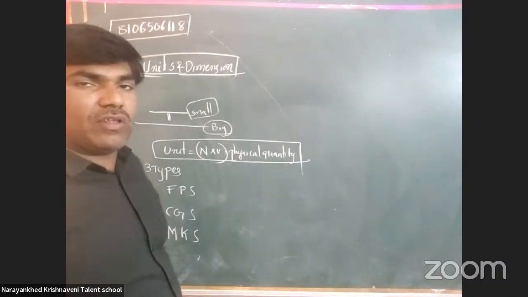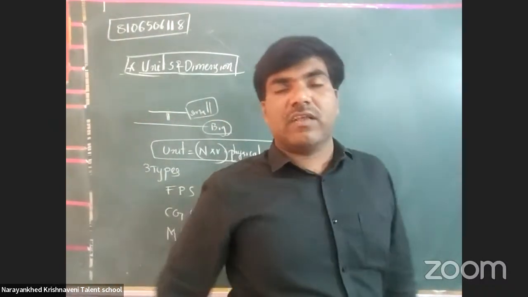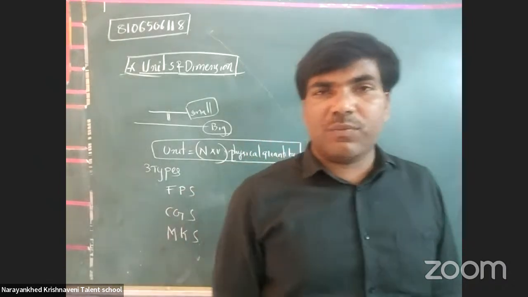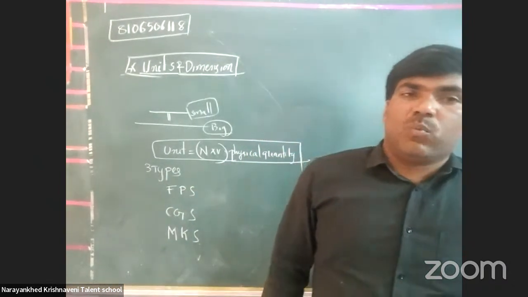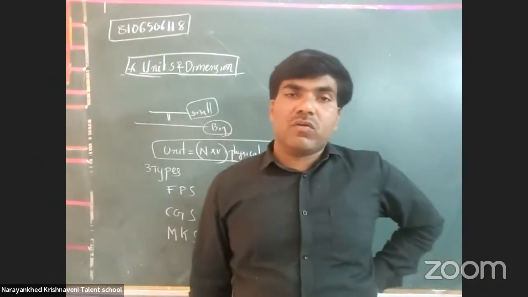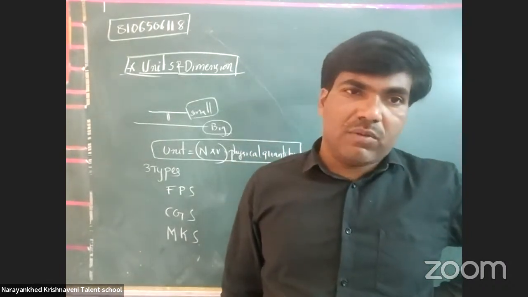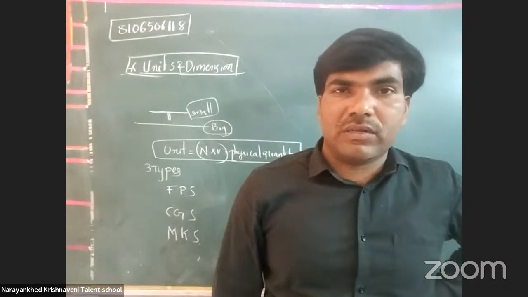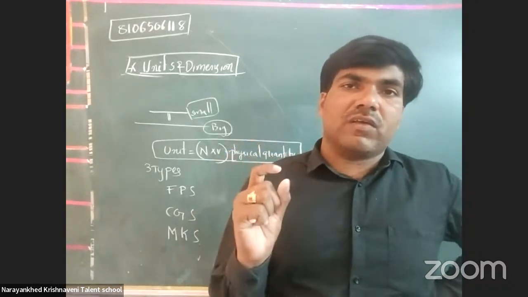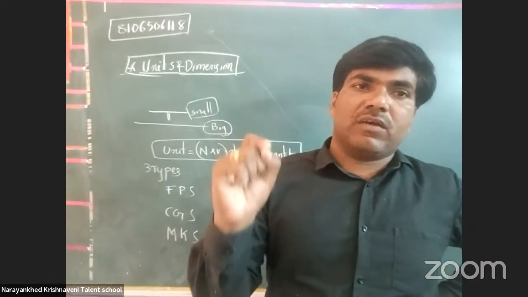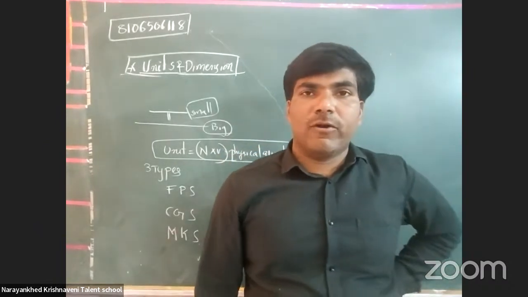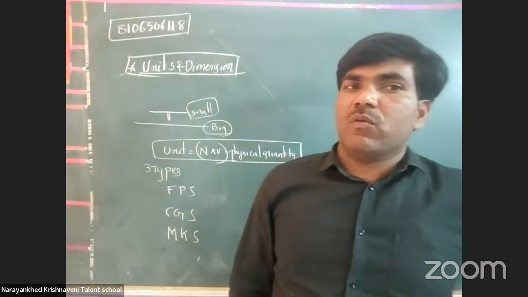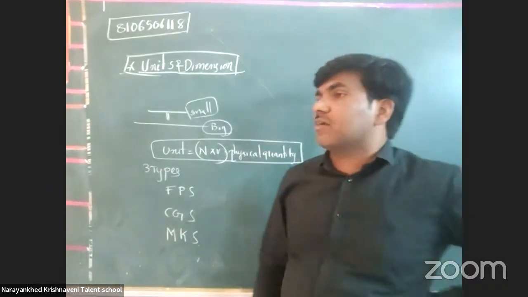And based on our physical quantities, how many types of physical quantities are there? Two types. One is the fundamental physical quantity, another one is the derived physical quantity.